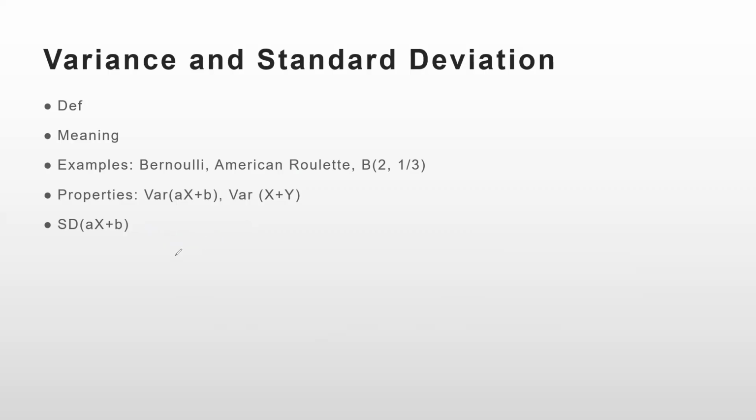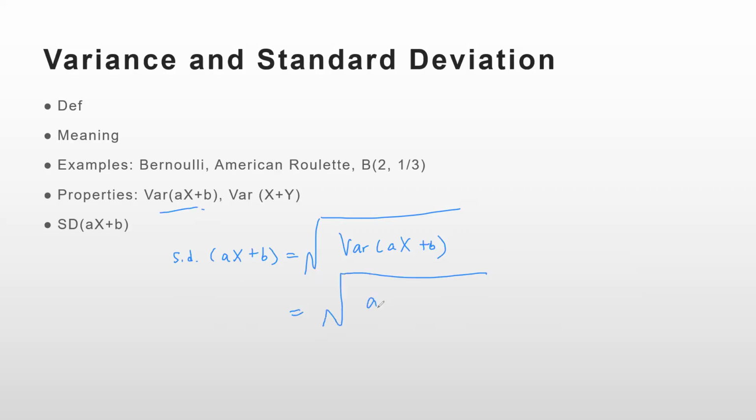The standard deviation of aX plus b equals the square root of the variance of aX plus b. And the variance, we can use the property there, which is a squared times the variance of X; b will disappear. And you take the square root of the variance of X, we know that is the standard deviation, but the square root of a squared is not always a. When a is positive, it's a, but when a is negative, it's actually the absolute value of a. So the formula would be the absolute value of a times the standard deviation of X. Yeah, be very careful.